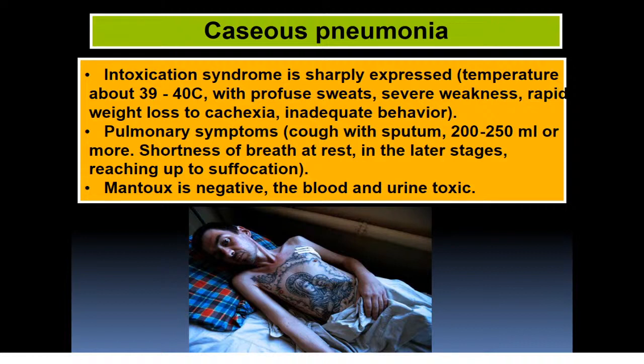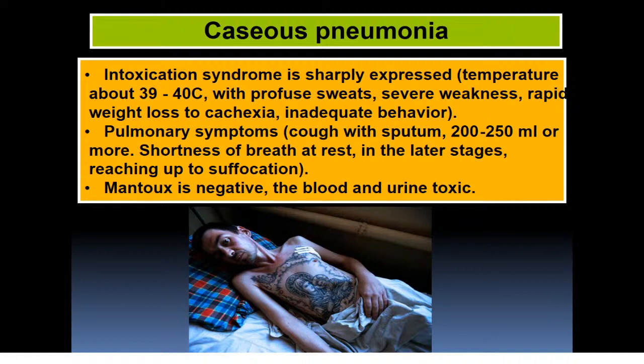Pulmonary symptoms: cough with sputum from 200 to 250 milliliters or more. This is a high quantity of sputum. Shortness of breath at rest, in the later stages reaching suffocation.